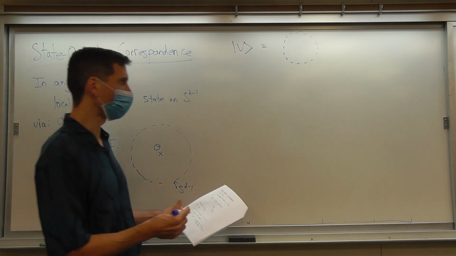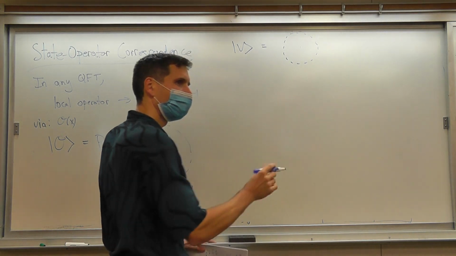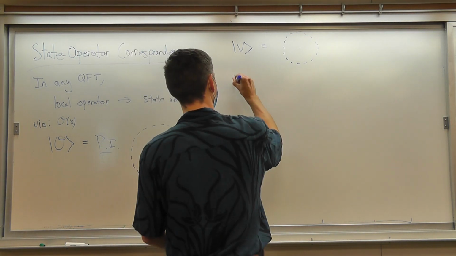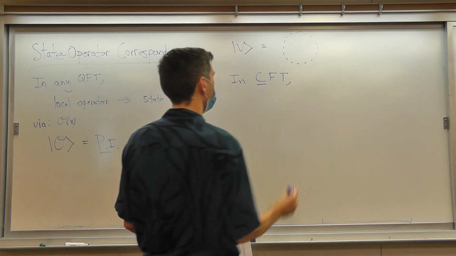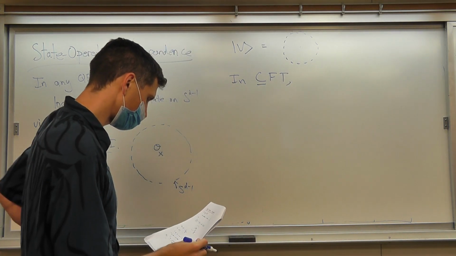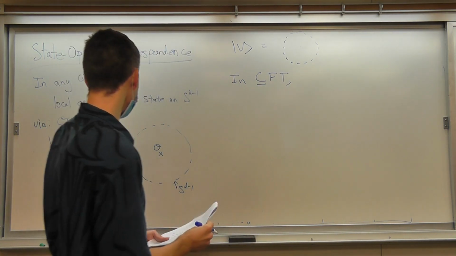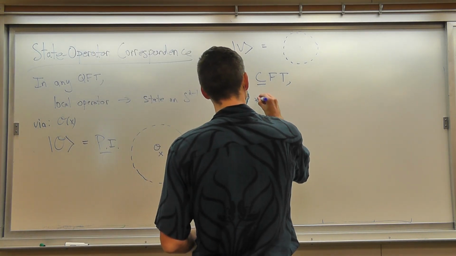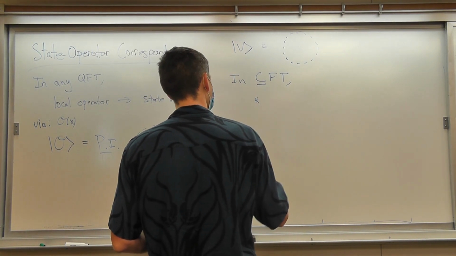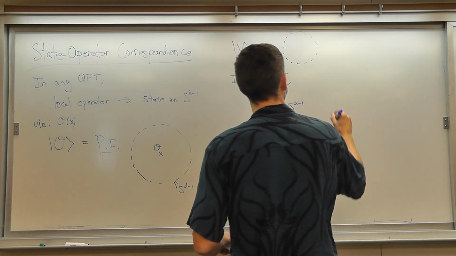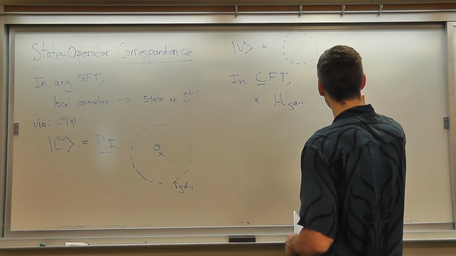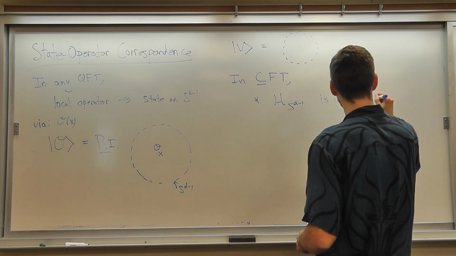But if the theory is conformal, this actually is the vacuum state, and that's where I'm going in a minute. So in a conformal field theory, two things happen that are nice. First of all, the Hilbert space on S^(D-1) is independent of radius.